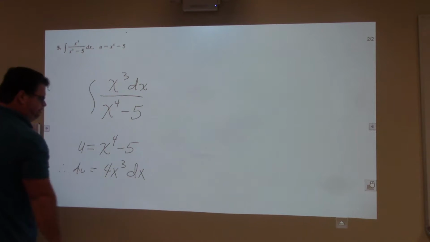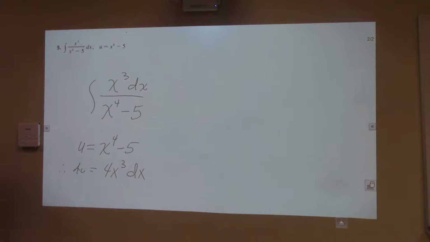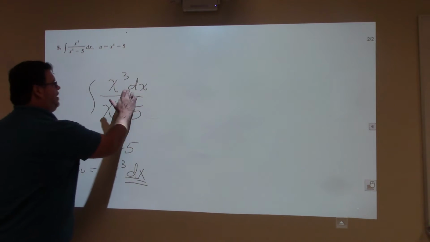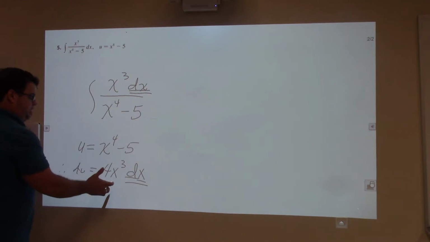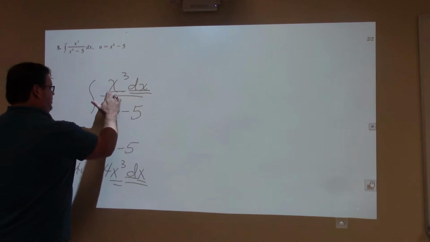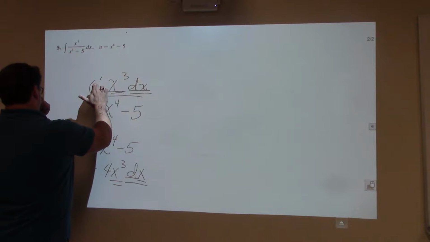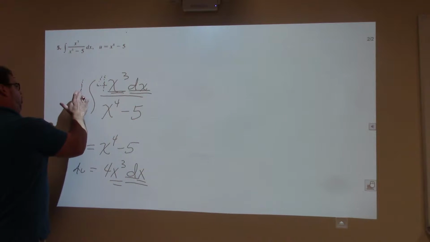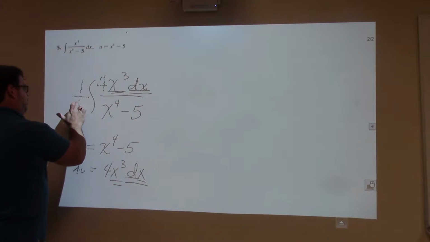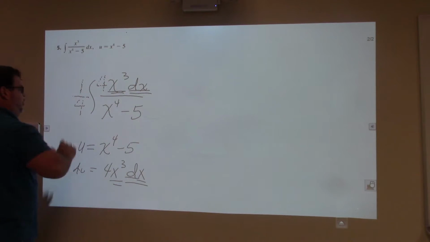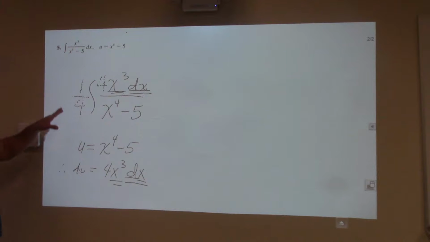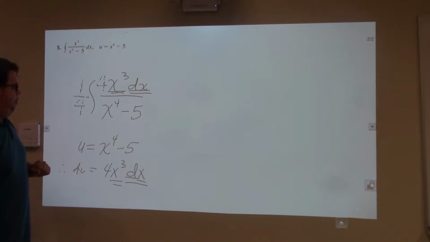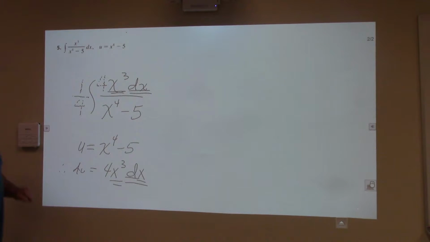And again, there's your dx. Hey, we got the x to the third, but we don't have what? I can't get much past y'all. Too good. So now, we've got 1/4 du over what? u.